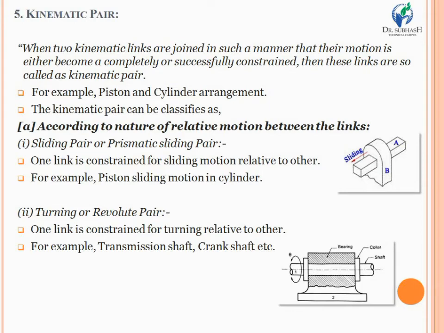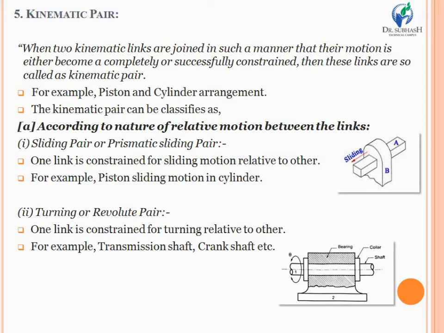If you are classifying based on the nature of relative motion between the various links, the first and most important type of kinematic pair is the sliding pair, or prismatic sliding pair. Generally, a sliding pair is formed by two links in such a way that one link is constrained to have sliding motion relative to the other link.